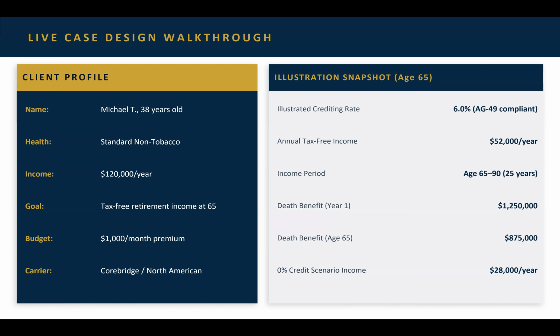But if we even reduce the illustration rate to 6%, it also tempers the expectation. But if we look at an income period of 25 years, the client is pulling $52,000 a year in tax-free income. Death benefit year one is 1.25 mil. And by 65, we reduce the face amount to give them, not restrictions, less cost of insurance when we stop funding it at 65.